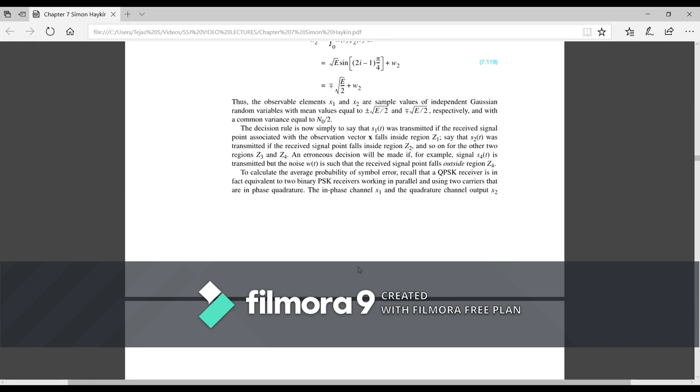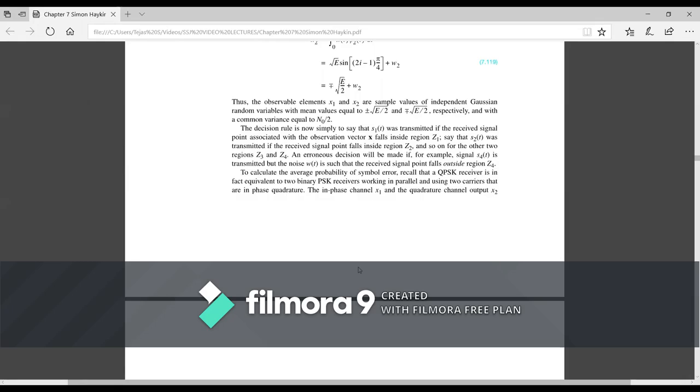So in QPSK, we have divided the signal space diagram into 4 regions, Z1, Z2, Z3, Z4. Let us assume that S1(t) was the signal transmitted, so the received signal has resulted in an observation vector x that falls inside the region Z1.